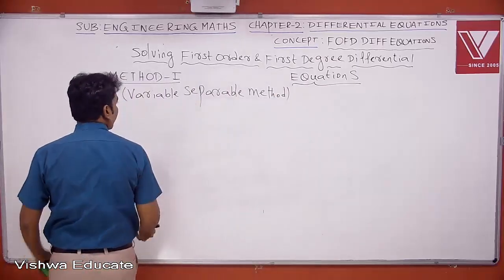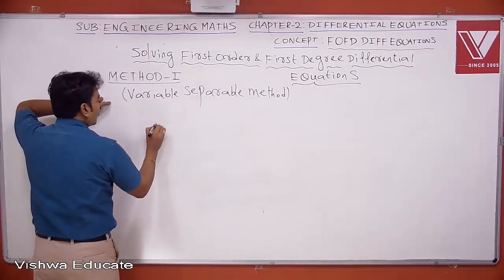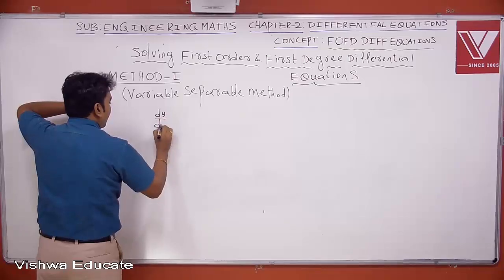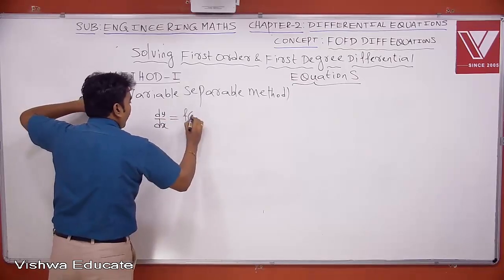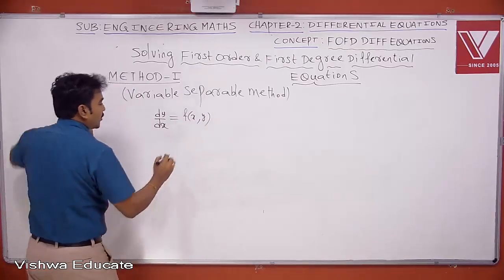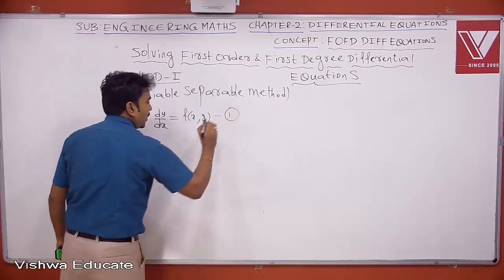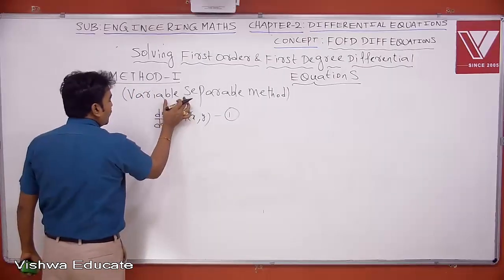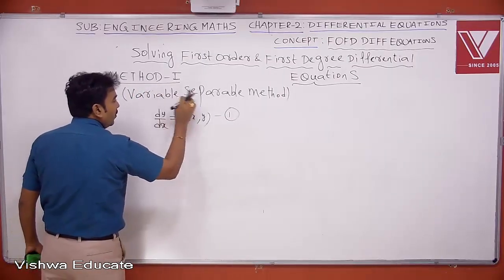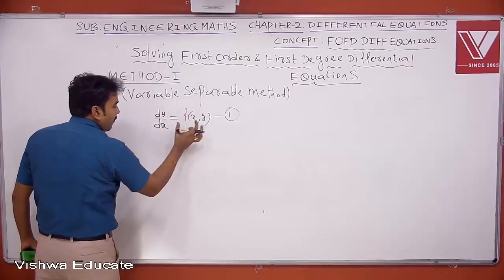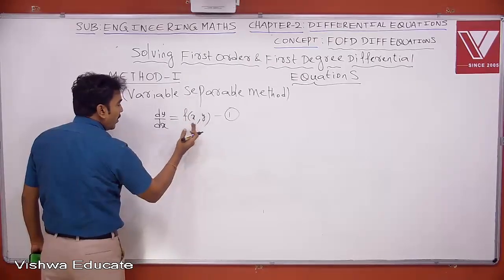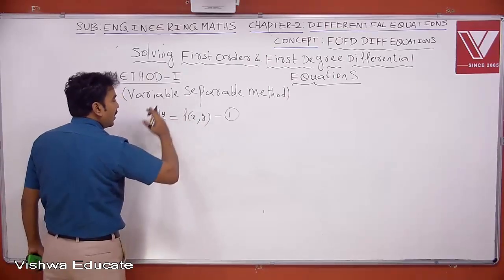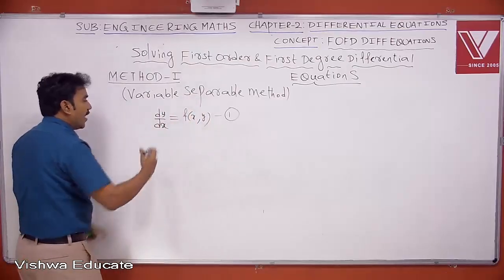Of course, it is very simple. Suppose the equation is this: dy by dx equal to f of x comma y. This is my first order and first degree differential equation. Now, as I mentioned in the title, it is a variable separable method. That means if f of x comma y is flexible enough to separate x variables on one side and y variables on one side, then my task is very simple.